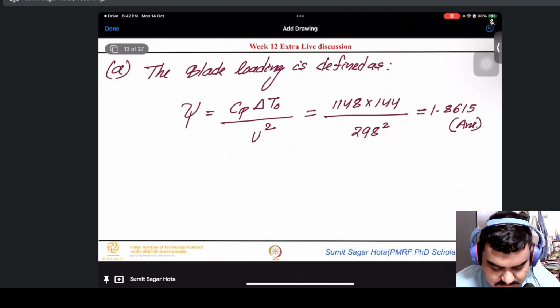So the first part's answer is over. The next part is the pressure ratio of the stage.